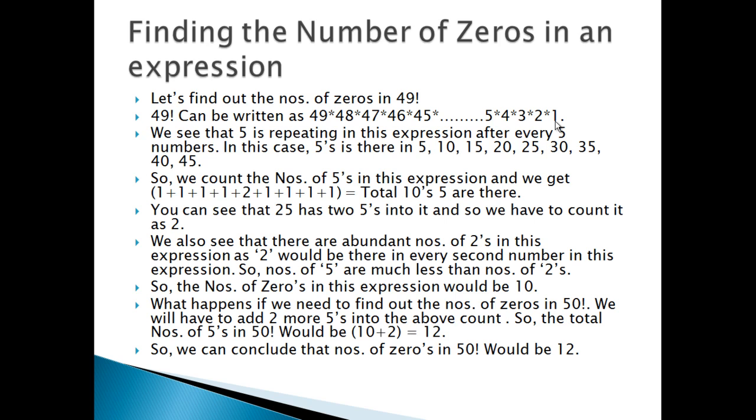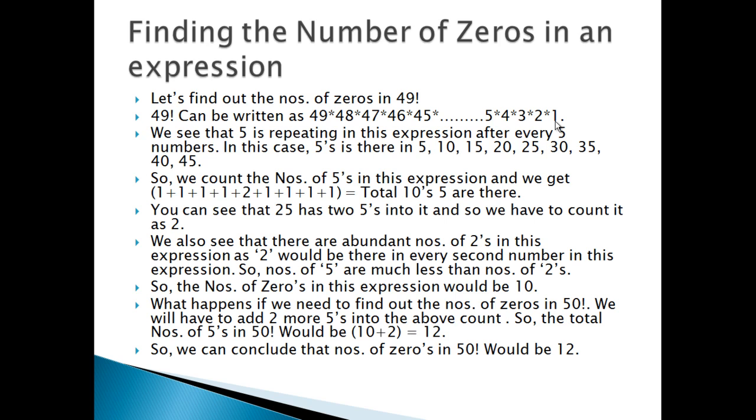Please note here, we have counted 1, 1, 1, 1, and then for 25 we are counting 2. Why is it so? Because 25 has got 2 5s in it, so we have to count it twice. So there are a total of 10 5s in this expression.